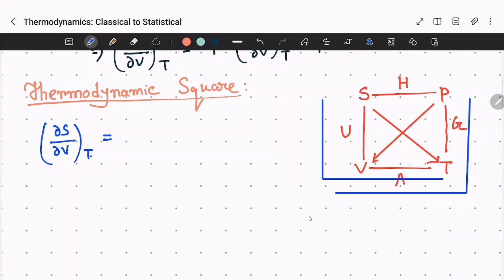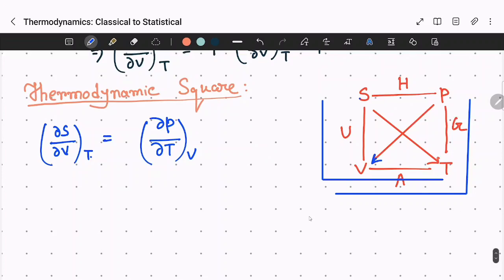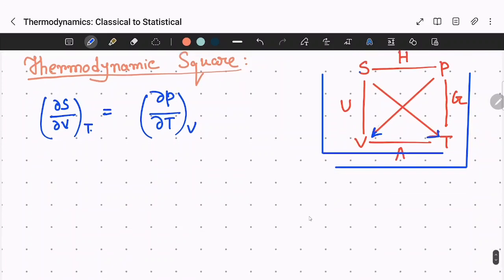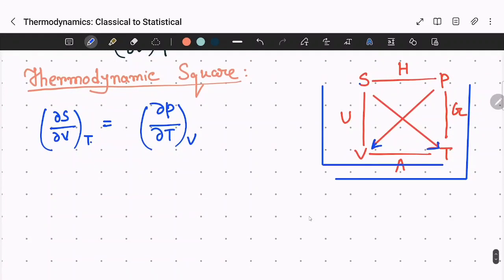This edge should be shared. The last edge should be shared. Here is V T, so this V T edge should be shared. So it is P T V. And this arrow is considering both the edges, this right angle and this right angle, both are consisting this arrow. So if this arrow is consisting, then we have to put a minus sign for both cases.